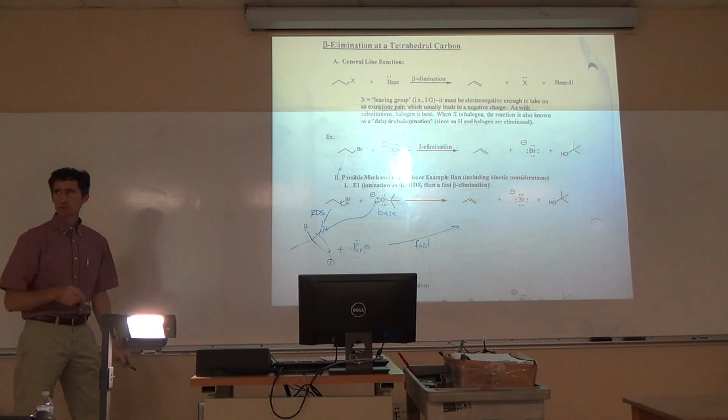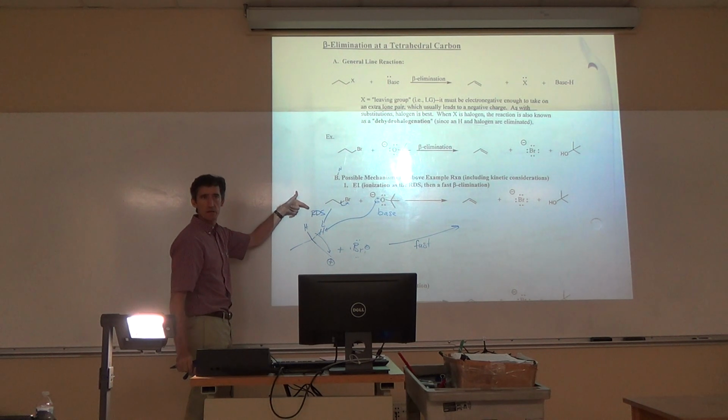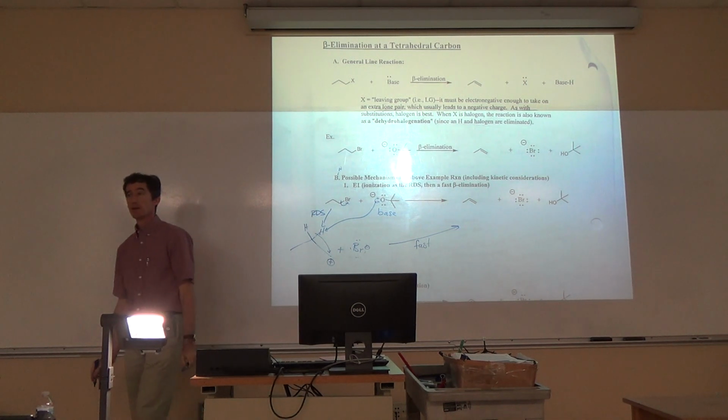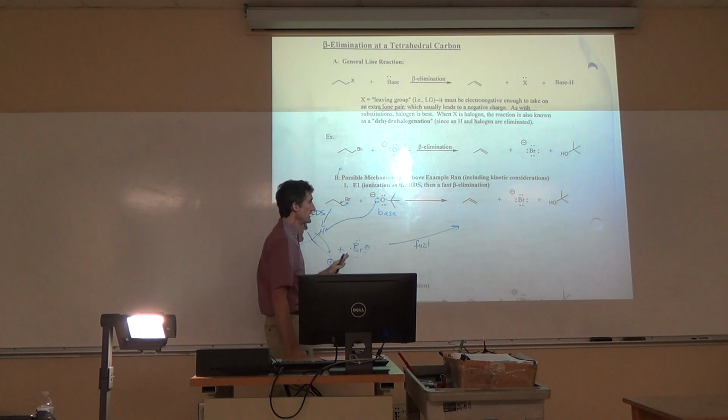Also, let's make sure we have terminology for what happened. What happened in the first step? Ionization of the leaving group, right? What happened in the second step? Beta elimination.